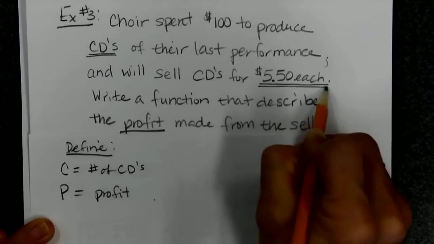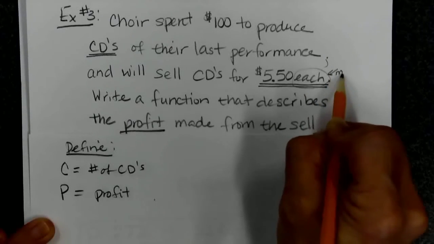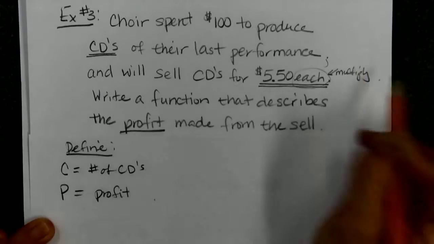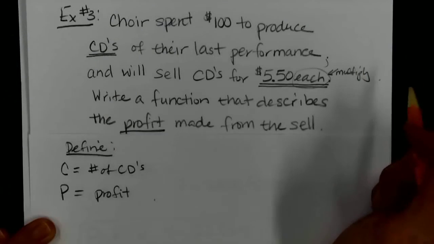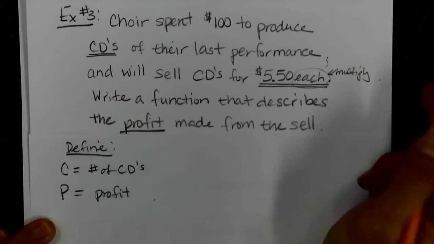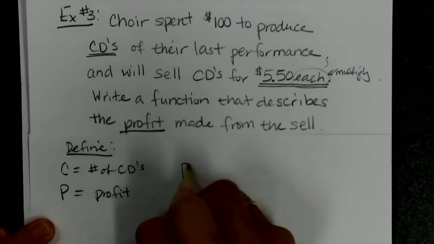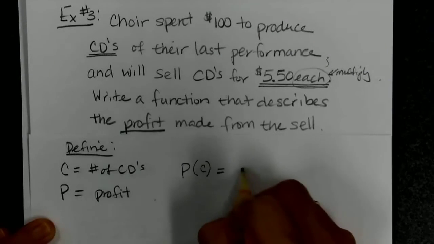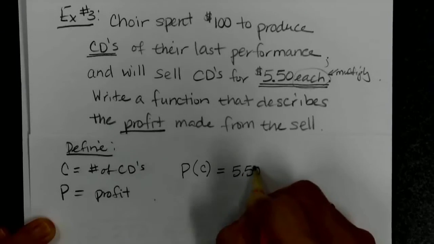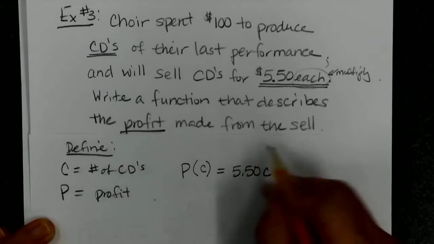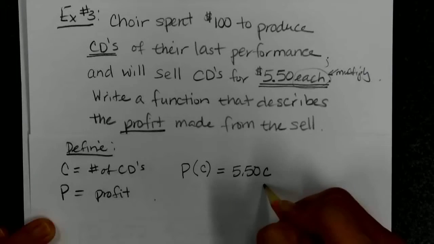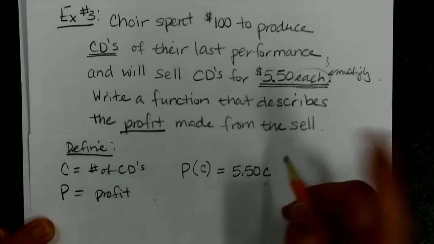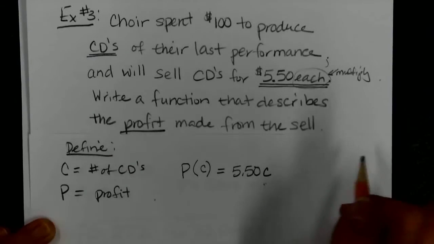And if you notice, there's the keyword right here, each, that also means to multiply. So it's $5.50 each CD, so you multiply by the number of CDs. So the profit will depend on the number of CDs sold. So it's $5.50 times C will give me the money earned or money made by selling the CDs. But I'm looking for profit.